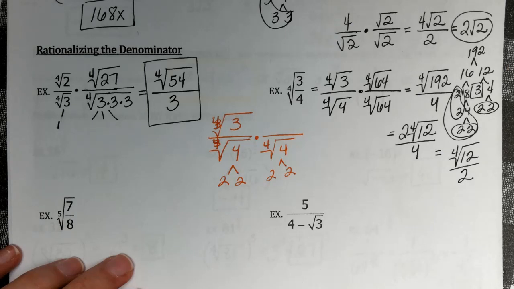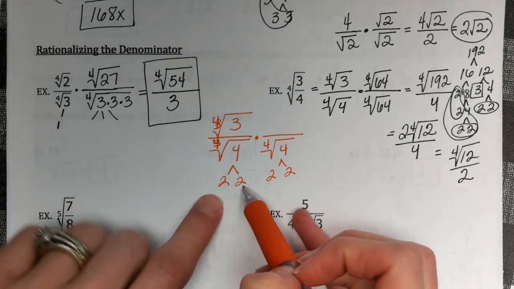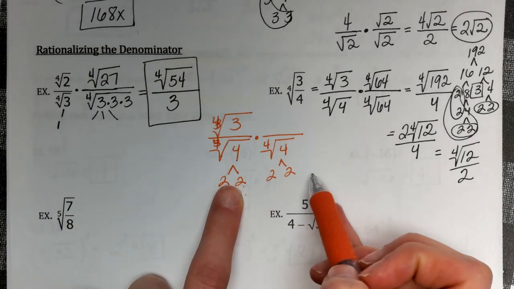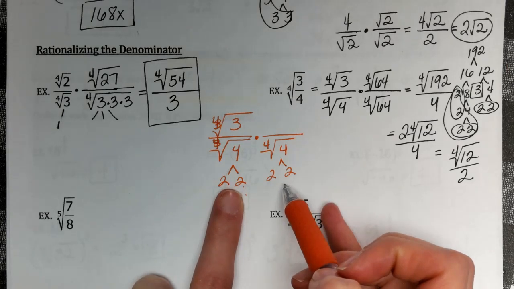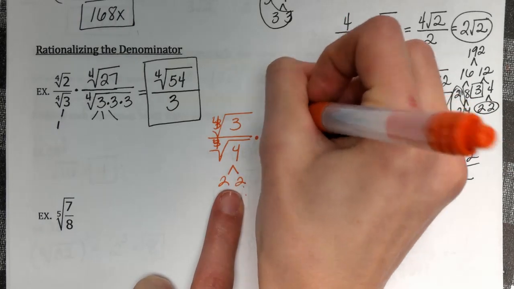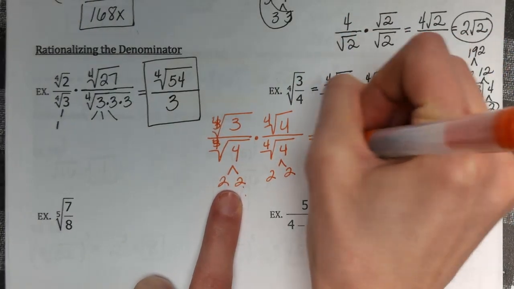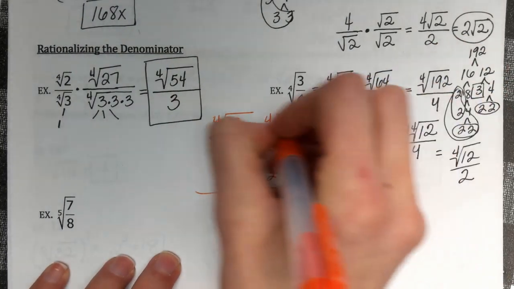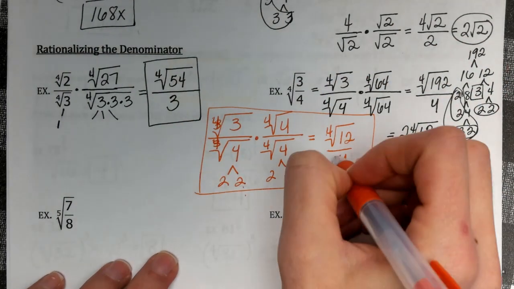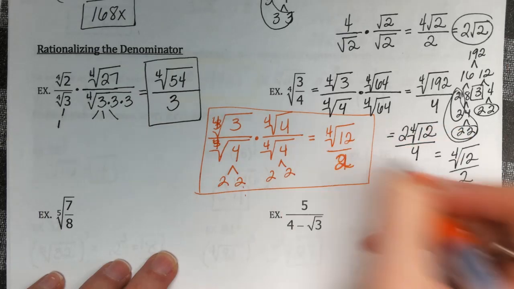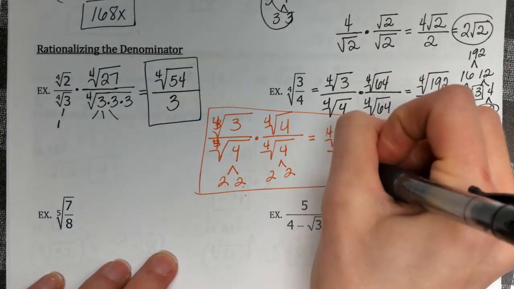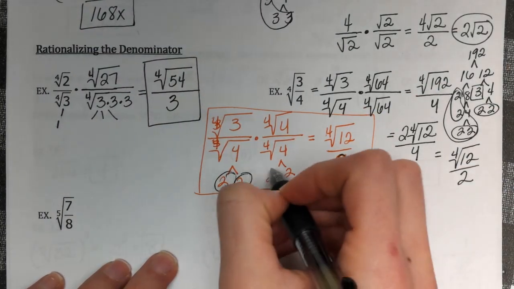Right? I could have broken down 4 into 2 and 2. I have 2 of my 4. So I could have gotten the fourth root of 12 over 4 over 2. Because I did 4 2's.